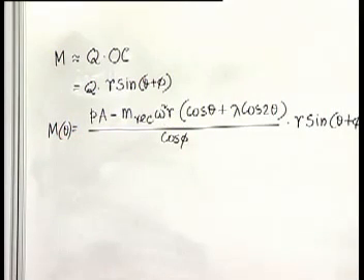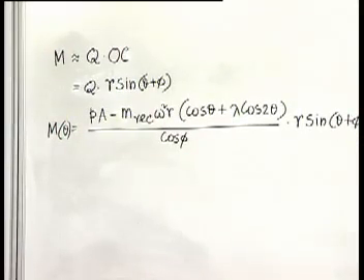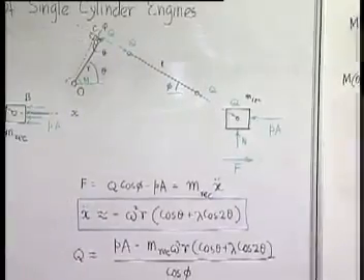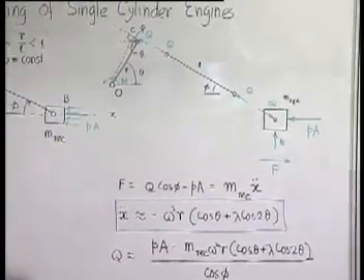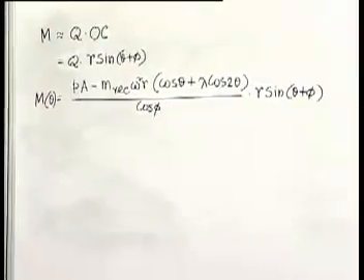That means it varies with theta. But here we have another quantity which is also varying with time, that is phi. So let us try to see if it is possible to express the turning moment purely in terms of theta.